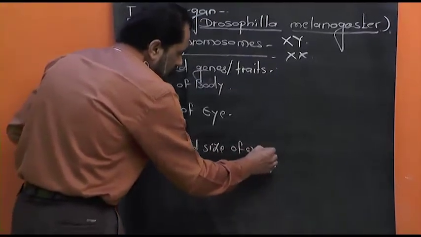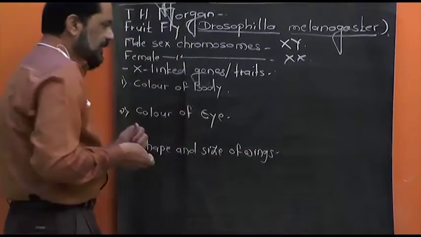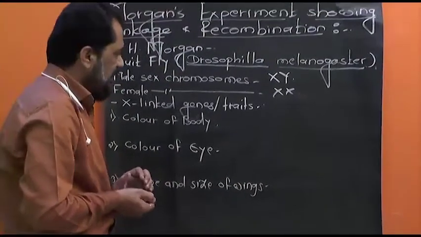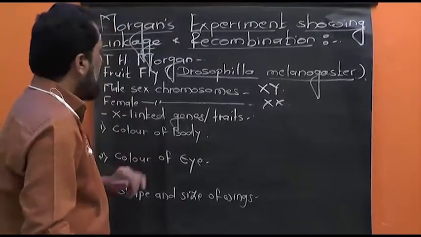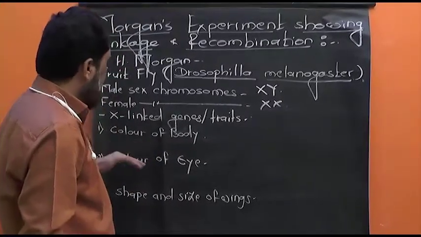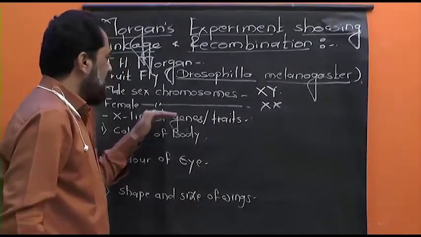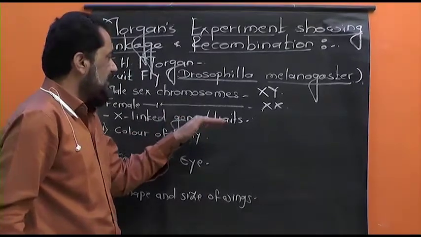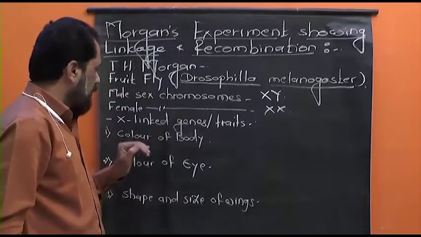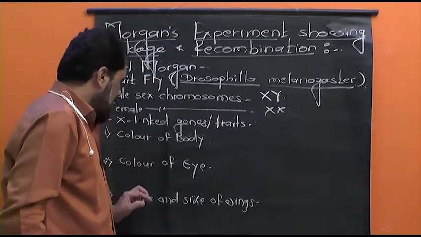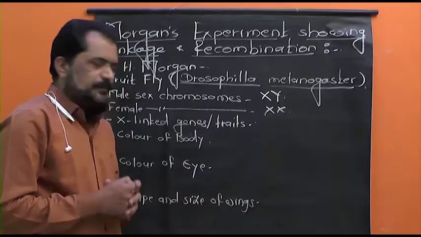We know Drosophila is an insect, so obviously it shows two pairs of wings. So I said that Morgan discovered different X-linked genes and traits in the fruit fly, such as the color of body, color of eye, shape and size of wings.